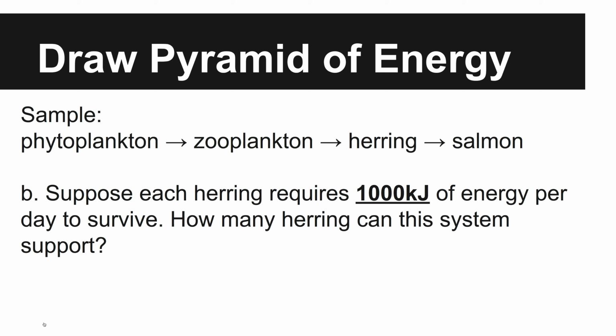So for this one, we know that the amount of energy available to the herring is 200,000 kilojoules. Since each herring needs 1,000 kilojoules, we just divide that total number by 1,000. So we have 200,000 divided by 1,000. This ecosystem can support about 200 herring.